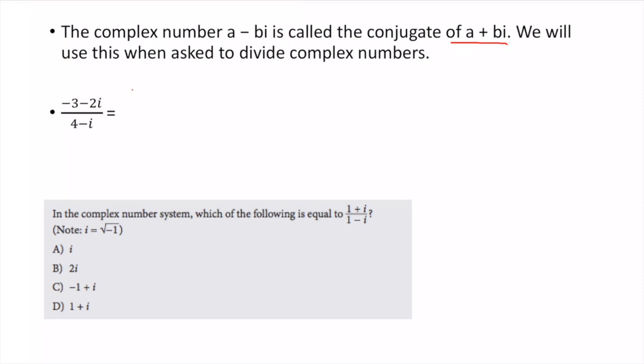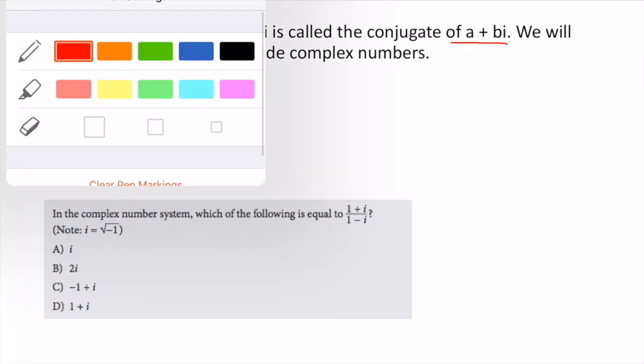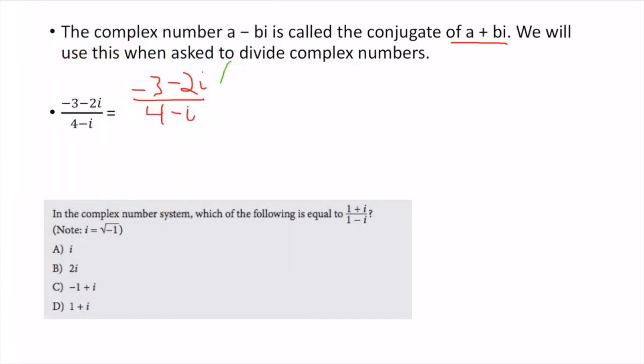So right here I have negative 3 minus 2i divided by 4 minus i. I'm going to multiply top and bottom by the conjugate of the bottom. To get the conjugate, I just flip the sign in the middle. So 4 plus i.